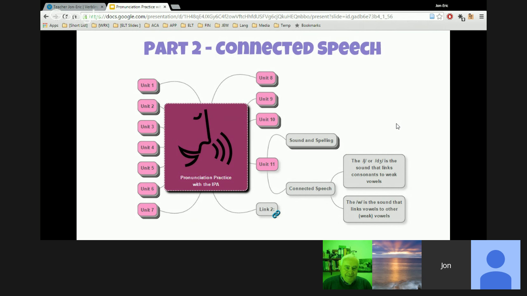And it says the Y, or J, which is a D and the symbol for J. So you put them together, you get a J. So the Y or J is the sound, or are the sounds, that link consonants to weak vowels. We looked at that a little bit in the last class. We'll go over it again. And on the bottom, you can see the W sound is the sound that links vowels to other vowels.